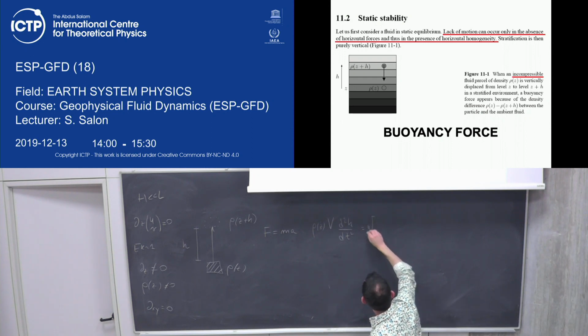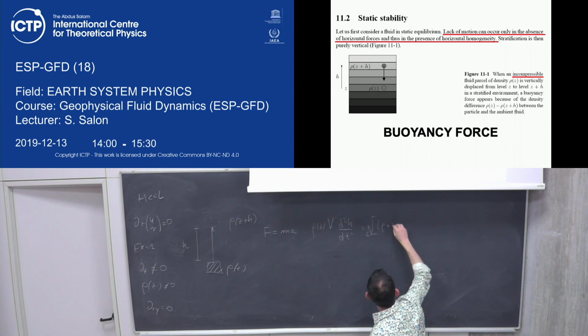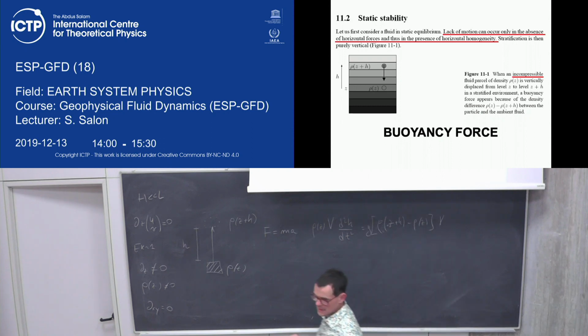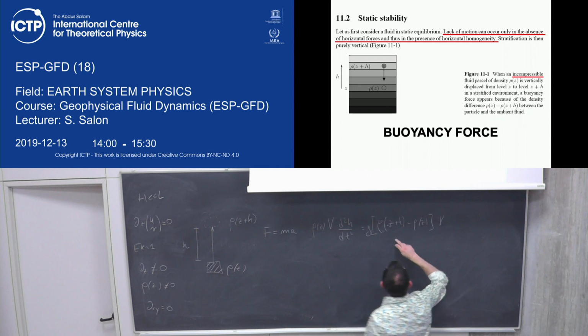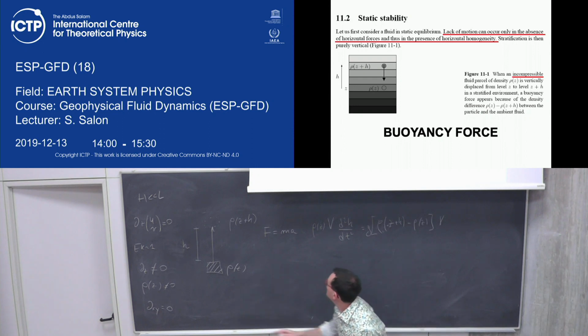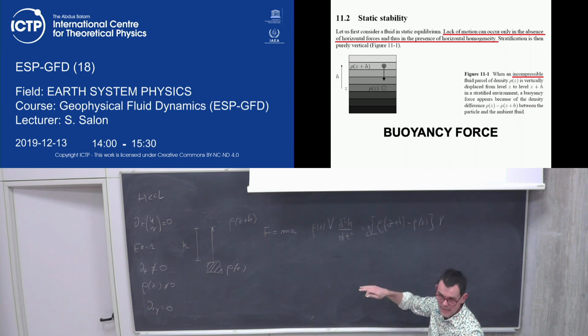And the buoyancy force is g times rho(z+h) minus rho(z), multiplied by V. So it is the difference between the weight of the parcel, the object we are dealing with, and the weight of the ambient fluid.